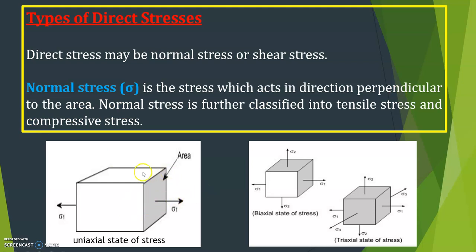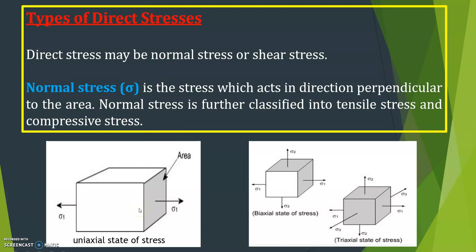You can see this is the area of the body and it acts perpendicular to the area. Normal stress is further classified into tensile stress and compressive stress, which we will study in the next class.